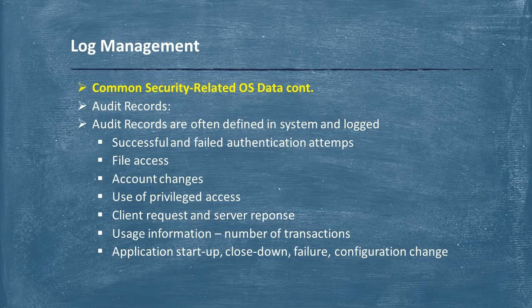Use of privileged access, which account, who has used the privileged access, what was in a client request and what was the server response, usage, number of transactions performed, when, at what time, application startup, close down, failure, configuration change. If some change in the application has happened, that also goes into the log.